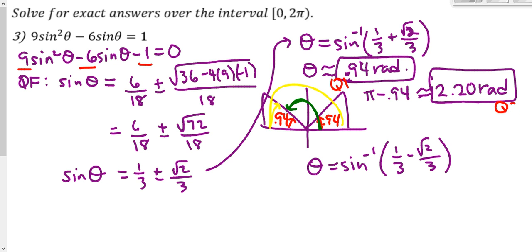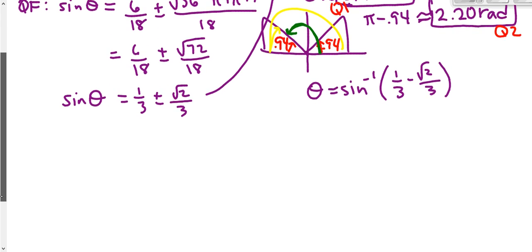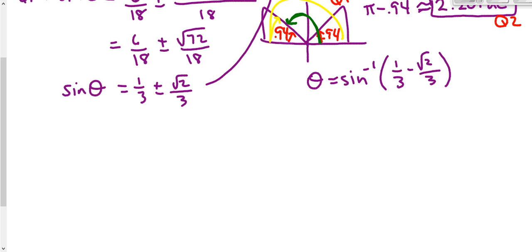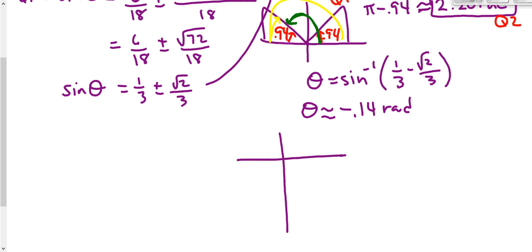Those are both approximate. Okay, now we go through the process with the other value, the inverse sine of 1/3 minus square root 2 over 3. Put that in the calculator, and we get approximately negative 0.14 radians. That's going to be in quadrant 4. So that would be 0.14 radians going clockwise.